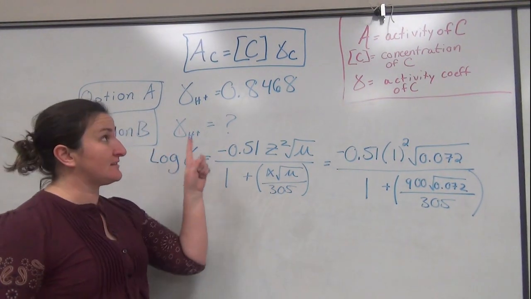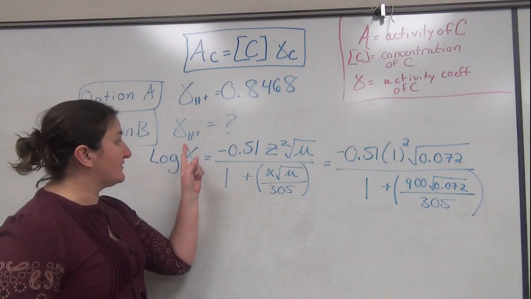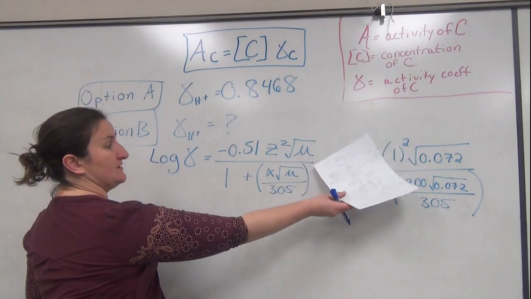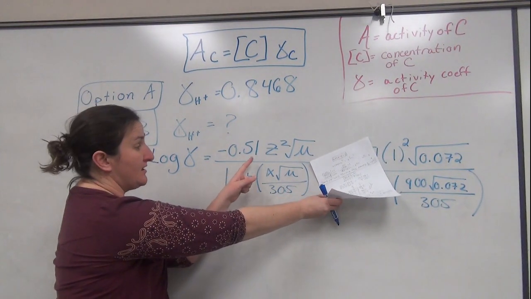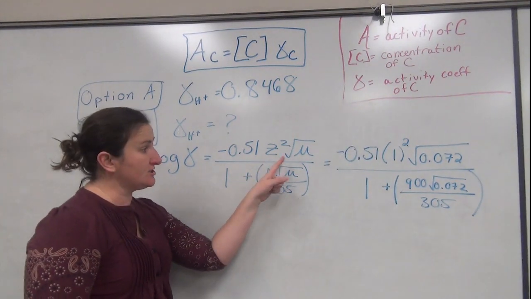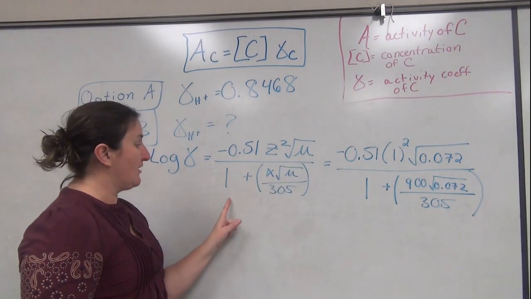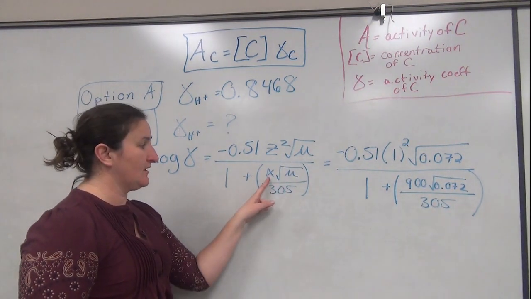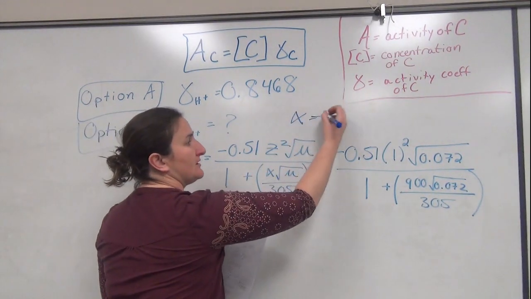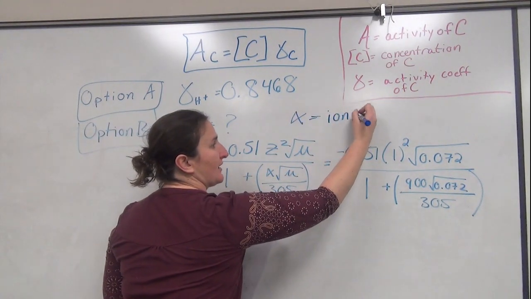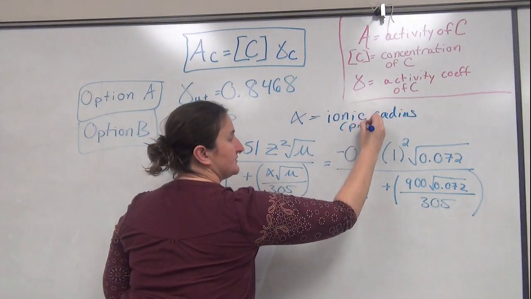The second way is, since we're looking at activity coefficients, there's the Debye Huckel equation, and so that is what you see here. So this equation here, log of alpha equals negative 0.51 z, remember z is charge, squared, times the square root of the ionic strength, over 1 plus this little guy right here, that is going to be equal to the ionic radius in picometers.